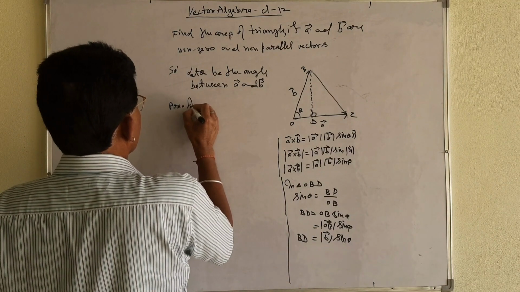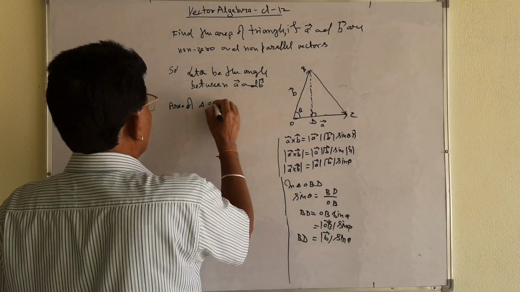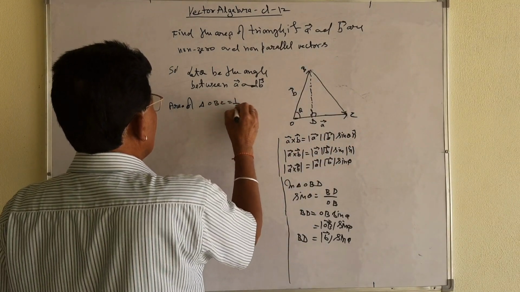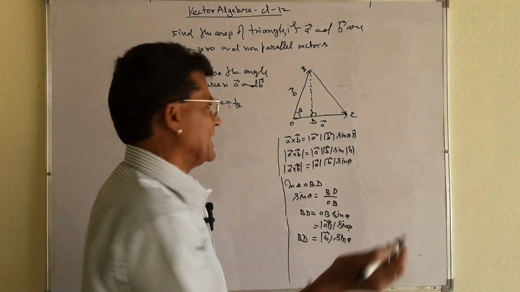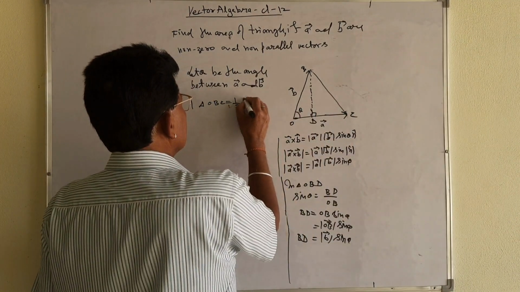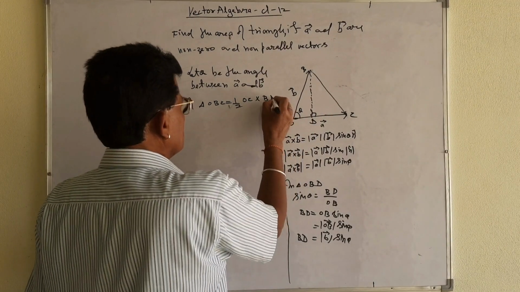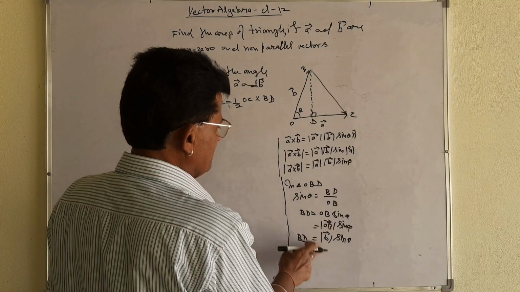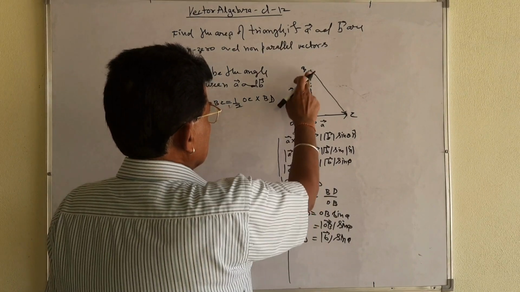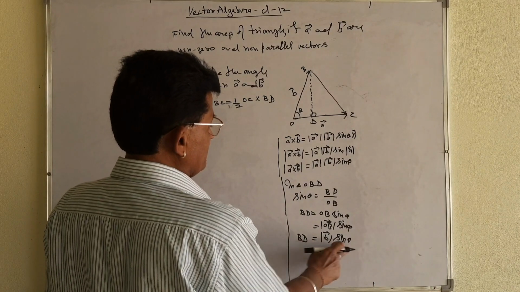Area of triangle. What triangle? OBC. It will be equal to half, generally, you use the area of the triangle, half base into height, BD. मैंने देखिए इसको एज इट इज छोड़ दिया था भाई. BD की वैल्यू सेम वैल्यू आई विल पुट, because same thing, BD will be equal to vector B sin theta.